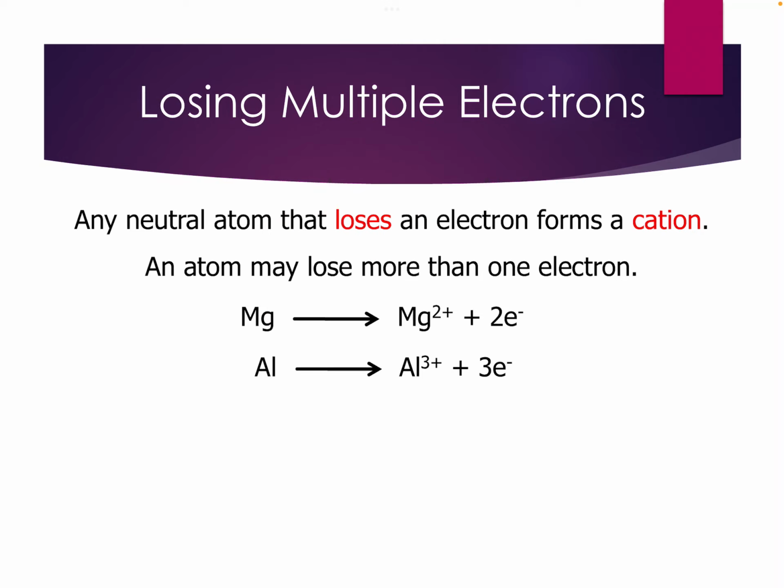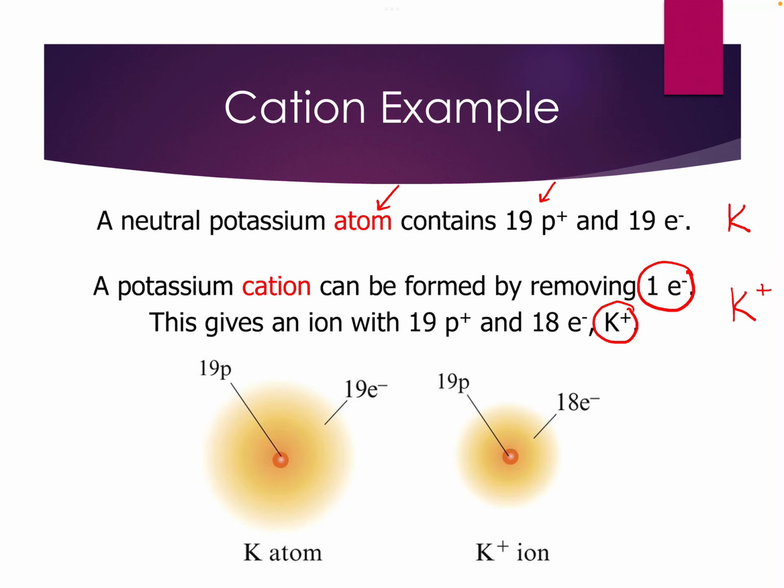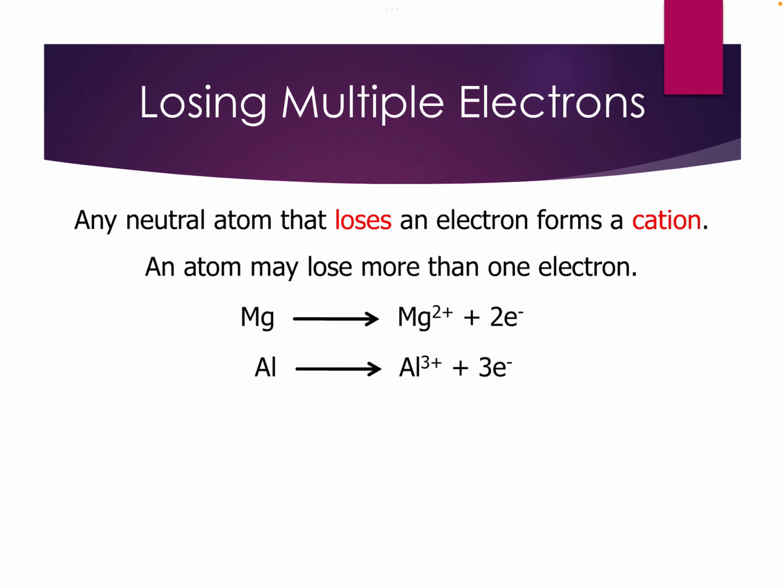Our atoms can also lose multiple electrons. So they don't have to just lose one electron. They can lose 2 electrons. They can lose 3 electrons. And this will actually depend on how many valence electrons it has. If you look at your periodic table, you will see that potassium is an alkali metal. It only has 1 valence electron. So when it loses electrons, it just loses that 1 valence electron.